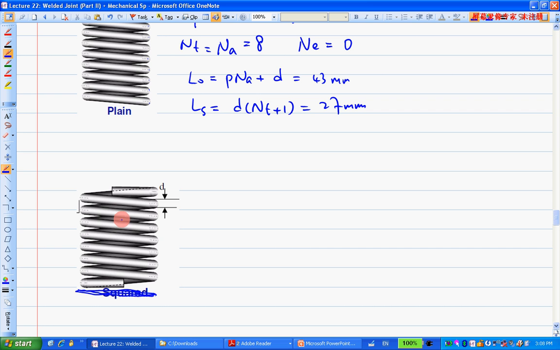If it's the square one, first, can you count how many number of turns this one has? Starting here, 1, 2, 3, 4, 5, 6, 7, 8, right? That should be 8. So that's the total number of coil.